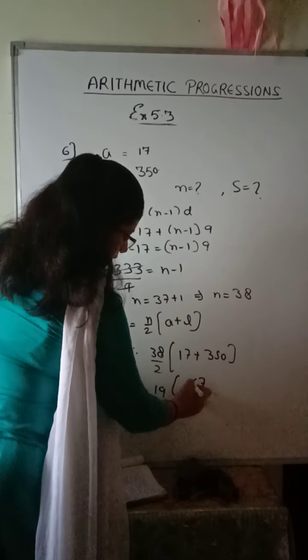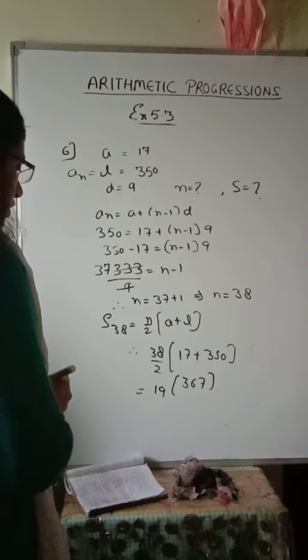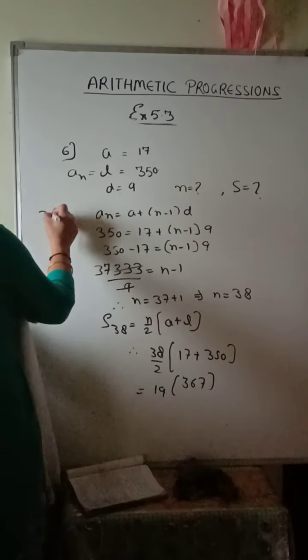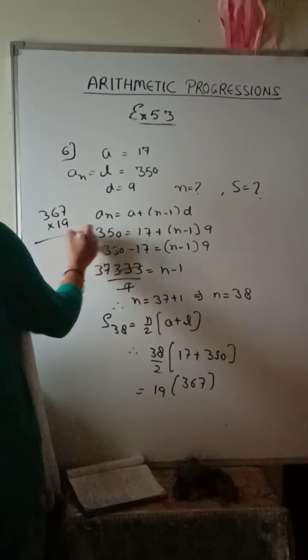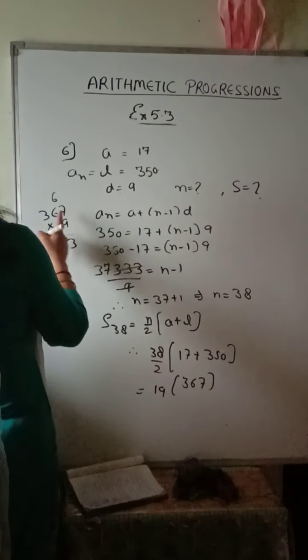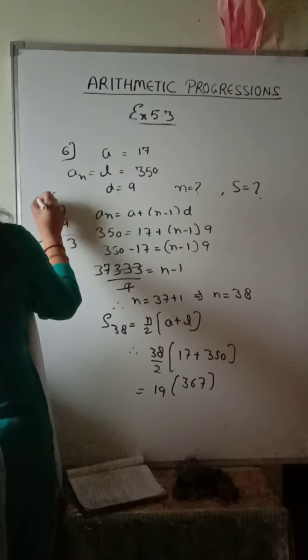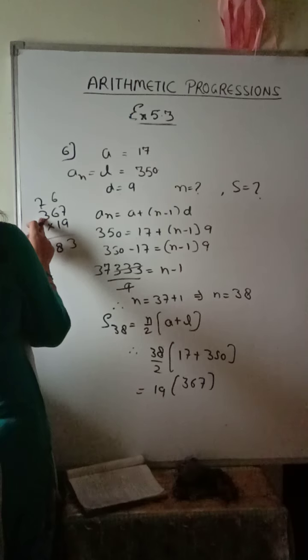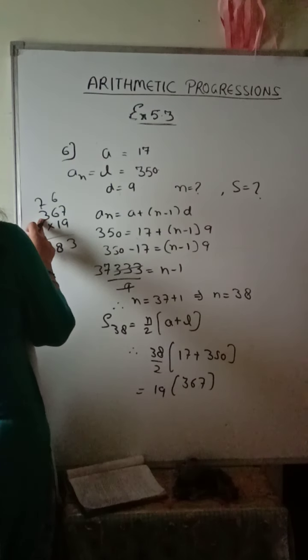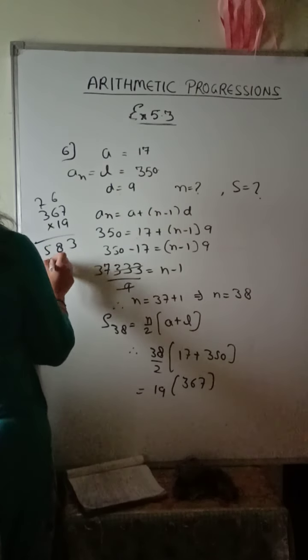367 multiplied by 19. So for 367 multiplied by 19, you will do 9 7s are 63, 9 6s are 54, 54 plus 6 is 60, carry over, 9 3s are 27, 27 plus 6 is 33. Then 1 times 367: 7, 6, 3.